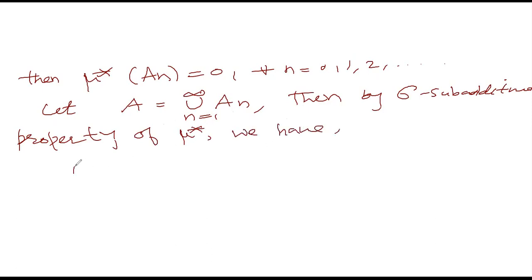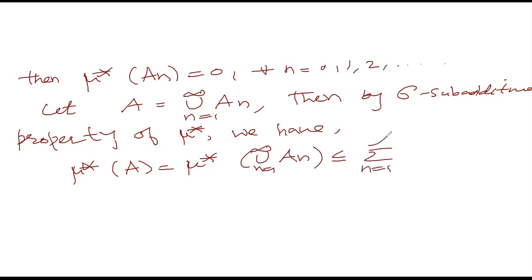We have mu star of A, which is equal to mu star of the union, so that's less than or equal to, by the subadditive property, the summation for n from 1 to infinity of mu star of A n. So this union varies from 0 to infinity, not from 1 to infinity, okay? 0 to infinity. Now since the measure of each A n is 0, this must be equal to 0.